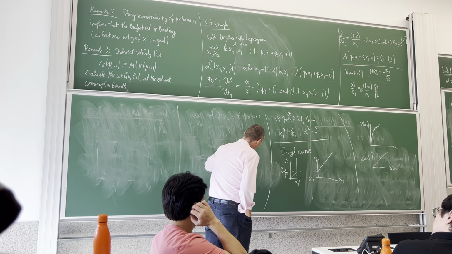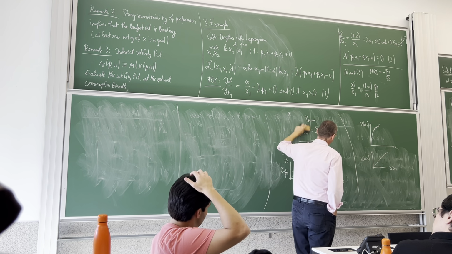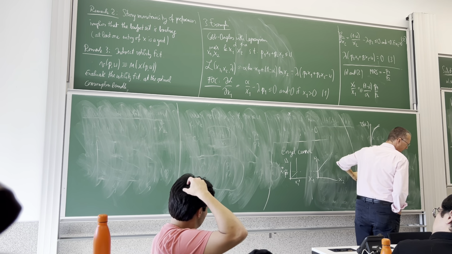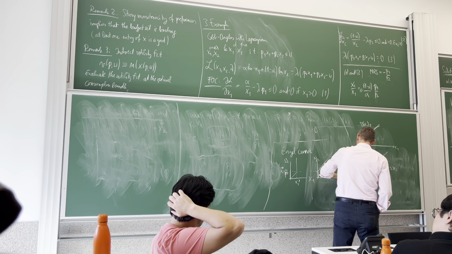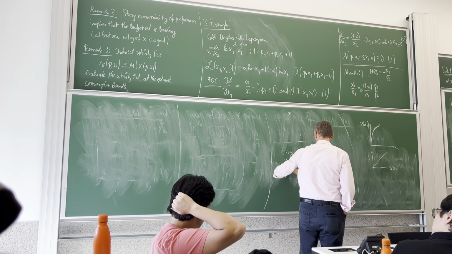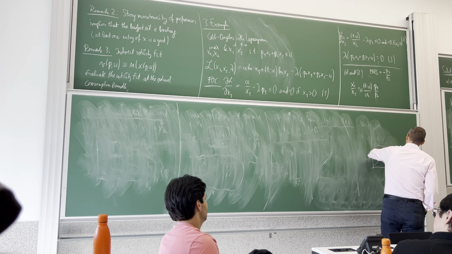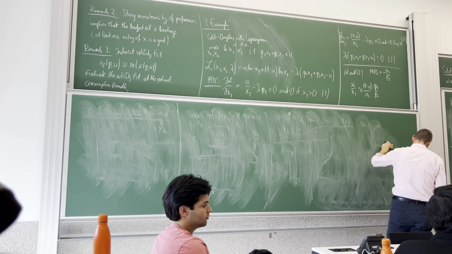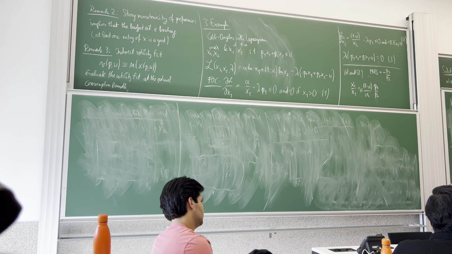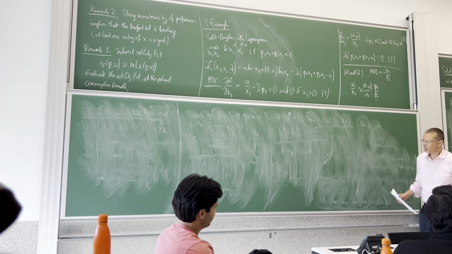Now what we do next, I write down some properties of the Hicksian demand functions and the indirect utility function, which is all useful. And then we move on probably today to chapter 2, which is about uncertainty.